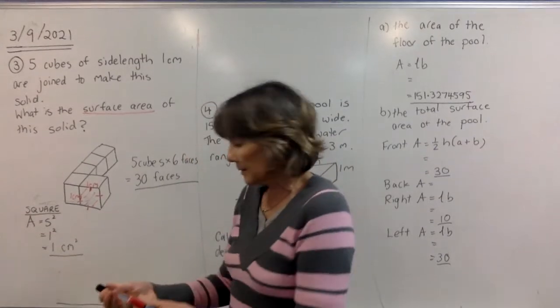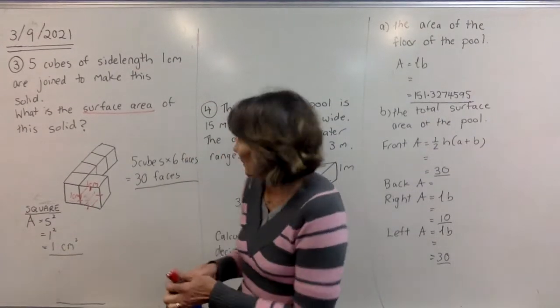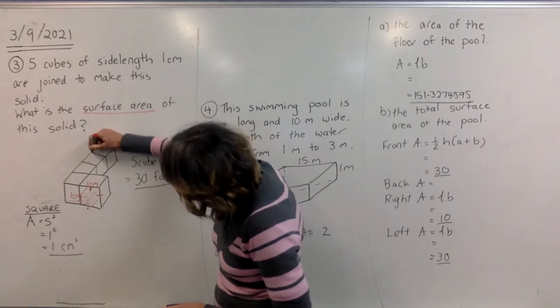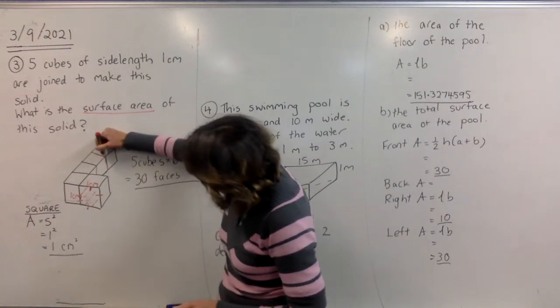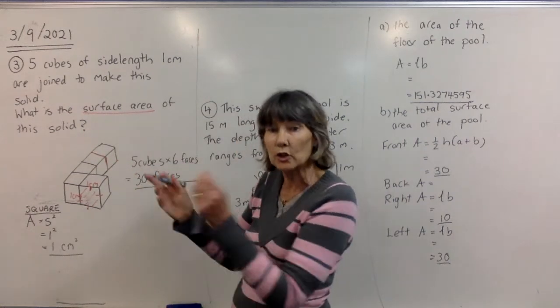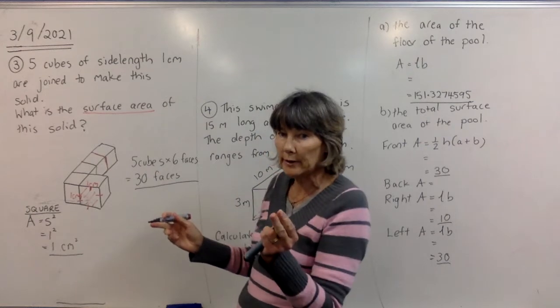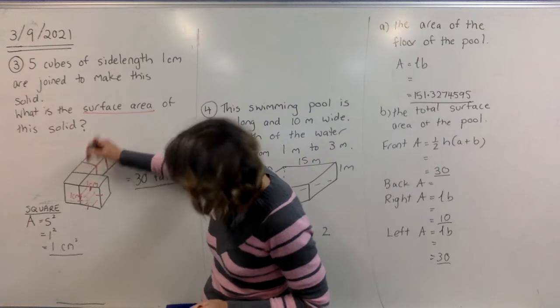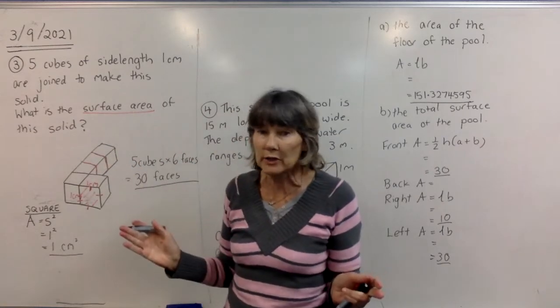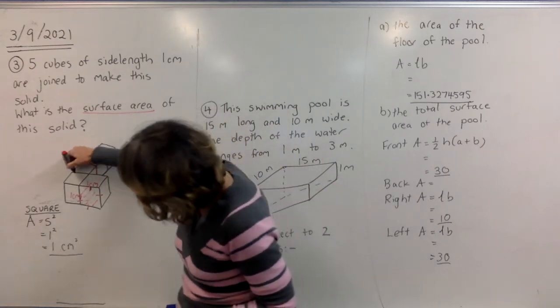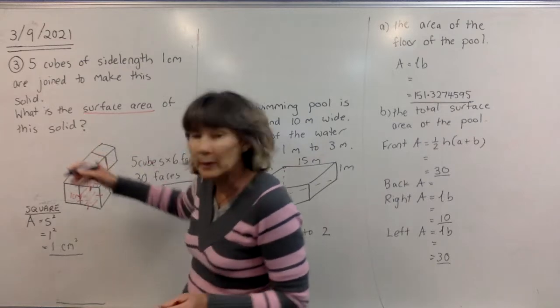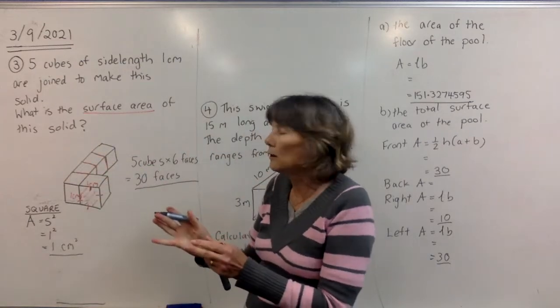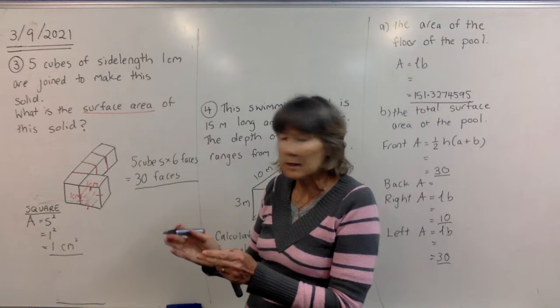Okay, so let's see where they've glued. Those 2 are glued together, so you've got 2 surfaces that are gone now. Then we've got another lot of glue happening here. There's another 2 surfaces not included. Then we know that it's glued in there as well, so those 2 squares aren't included.